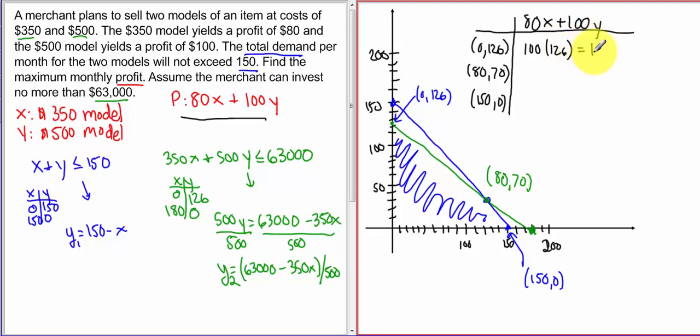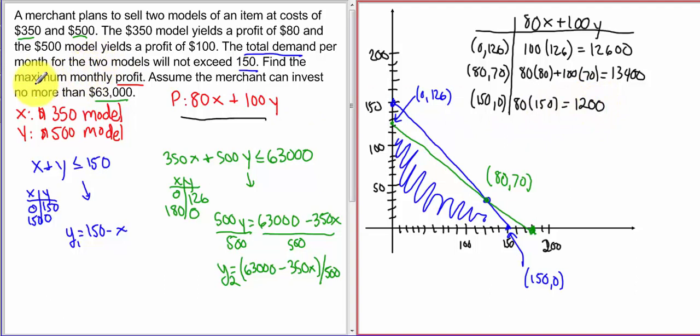That gets me 12600. When I do 80 and 70, so I have 80 times 80 plus 100 times 70. That equals 13,400. And then I have 80 times 150, and that gets me 12000.